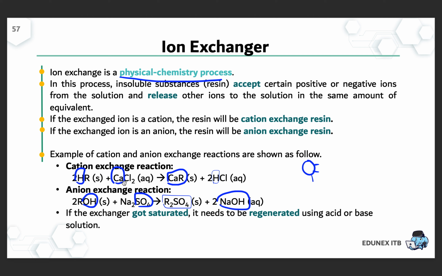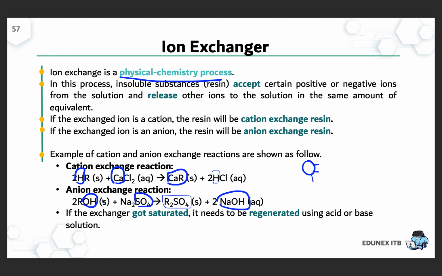So the water that has been treated with cation exchange resin will not contain calcium chloride, but instead will contain hydrogen chloride. The hydrogen ions here are exchanged with the calcium ions here. The cation will be adsorbed by the resin, and the hydrogen reacts with the chloride to form hydrogen chloride.